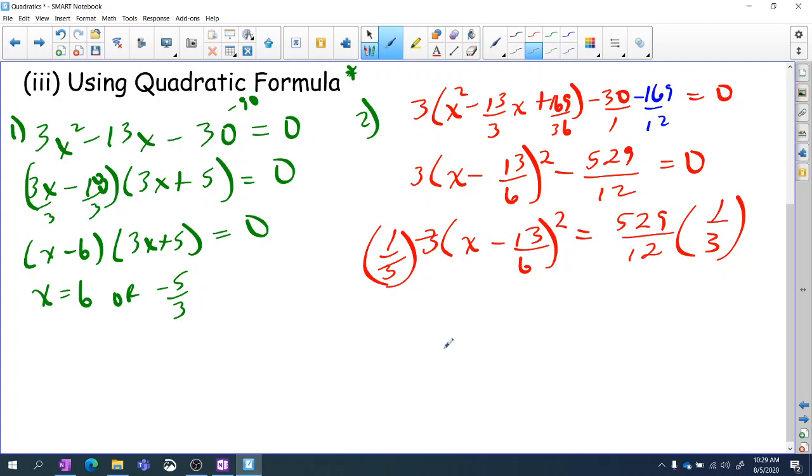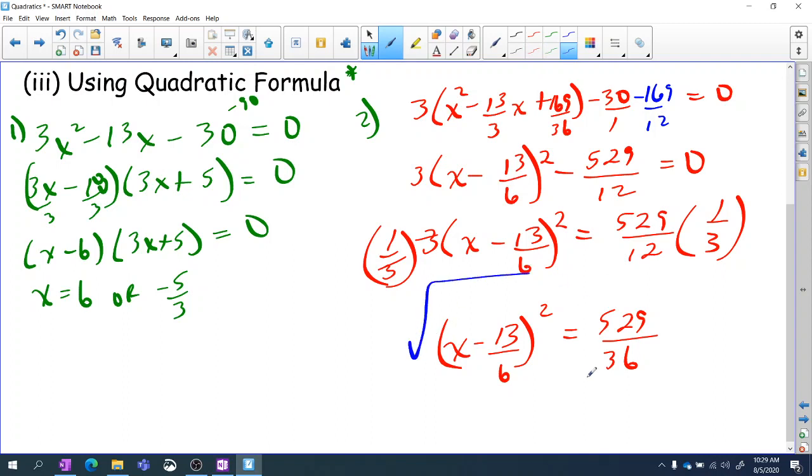Those will get rid of each other. So now it's 529 over 36. Take the square root of both sides. 529 is a perfect square, in case you're wondering, as is 36.